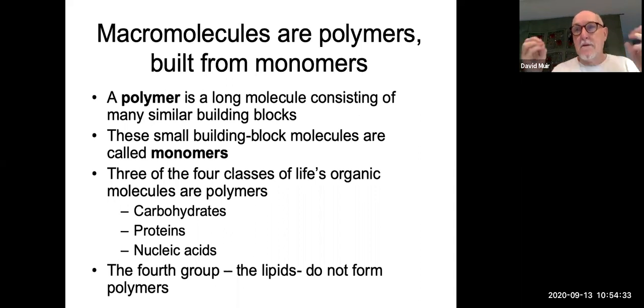So the others, carbohydrates, proteins, nucleic acids, each of those classes have their own monomers, as we'll see, and those monomers get added together in a specific order, that order determined ultimately by the DNA, which constructs a molecule of a particular sequence. That sequence has a particular form, and because it has that form, it has a particular function.